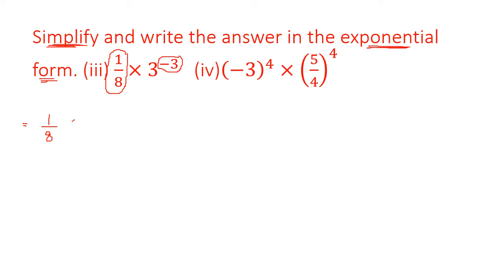So 1 upon 8 into 3 raised to minus 3. First what we'll do, we'll write 1 upon 8 as 1 upon 2 raised to 3. What I'm basically doing here is, we know 8 equals 2 into 2 into 2, that is 2 raised to 3.